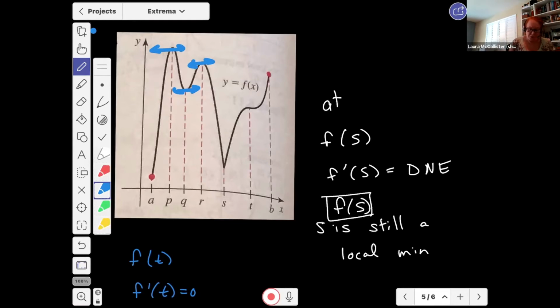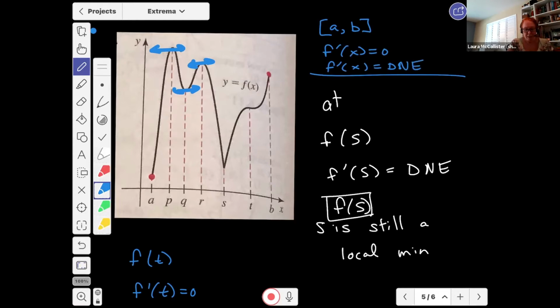So where do the extremas occur? The extremas occur, actually, I have one more example, I'll go ahead and put them in there. They occur at the endpoints of the function, when the first derivative is equal to 0, and where the first derivative does not exist.